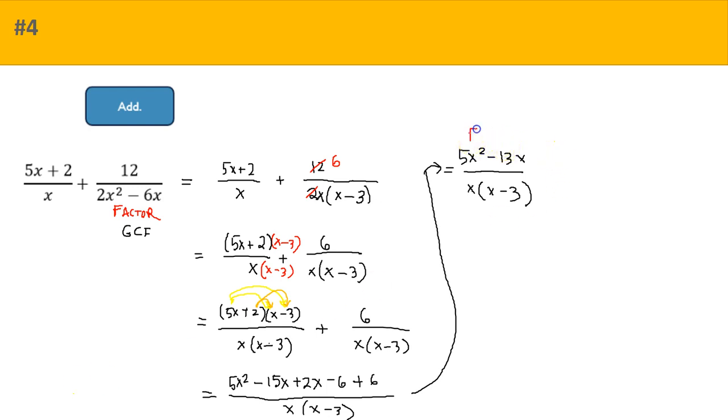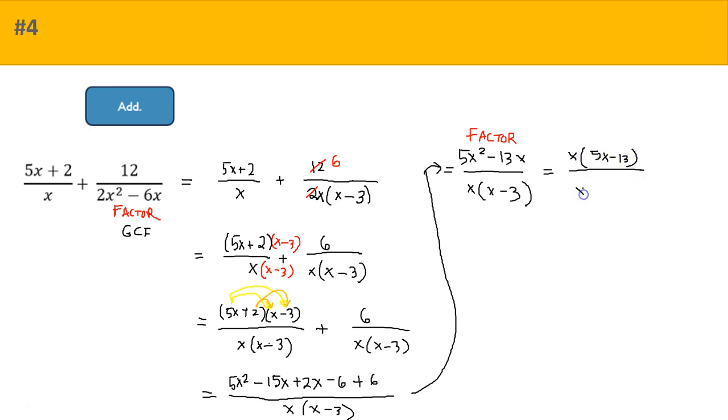Okay, but what we have to do in the numerator is factor our numerator. All right, between the two terms, you can divide out x, which will leave me with 5x minus 13.